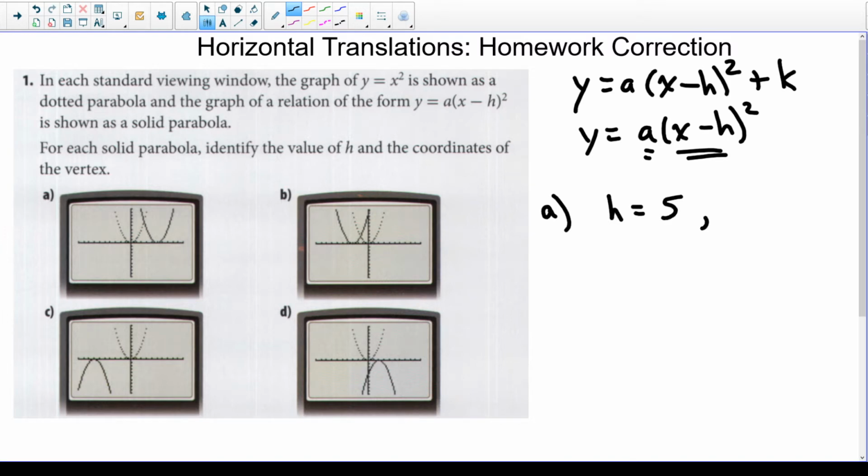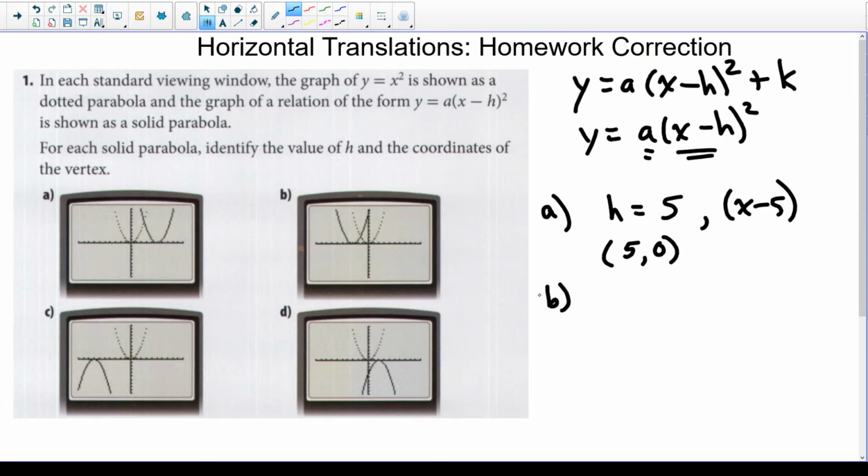But that means inside the bracket, it would be x minus 5. Okay, so that's how that works. When you sub in the h into the bracket here, the minus sign is going to change its sign over. Okay, now what are the coordinates of the vertex then? The coordinates of the vertex would be 5, 0, because the h value is 5, the k value is 0.